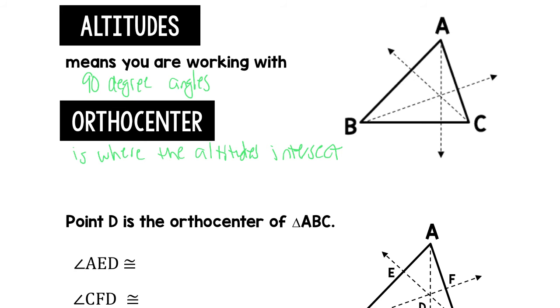It looks like triangle ABC over here to the right. That means this line coming out of vertex A will make a right angle with BC. From vertex B will make a right angle with AC. And from vertex C will make a right angle with AB.